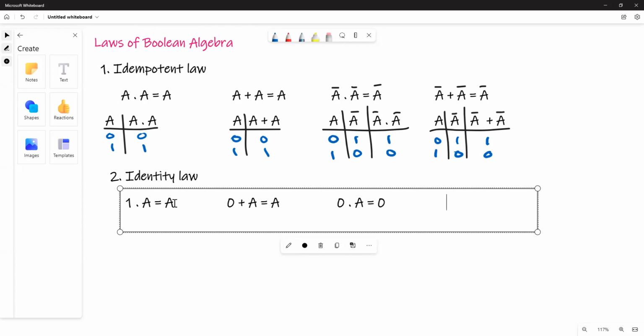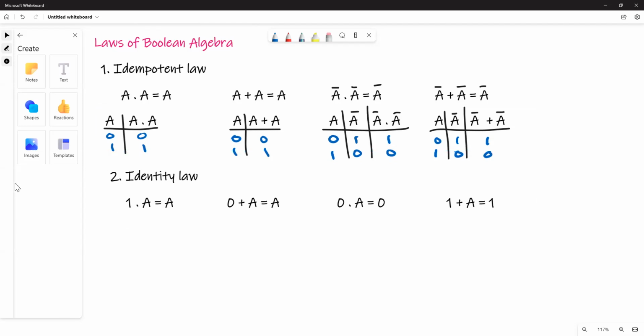Just check. 1 plus A equals 1. Right? So similar to the previous one, I want you to draw truth tables and send it to me. Draw the truth table and send it to me.